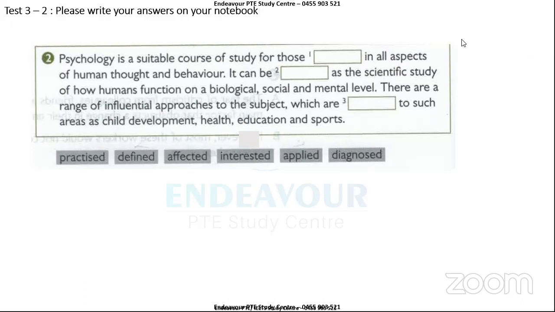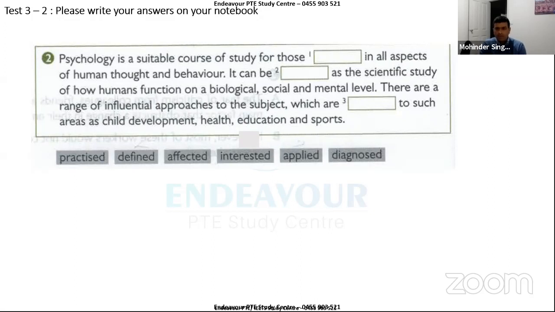It can be defined, because they are saying defined as is a collocation there, not applied as. Apply mostly goes with for: I have applied for many jobs. I have applied for a job. Apply goes with for. Here it will go with, it can be defined as a scientific study, and then they give a scientific explanation of how humans function on biological, social, and mental levels.